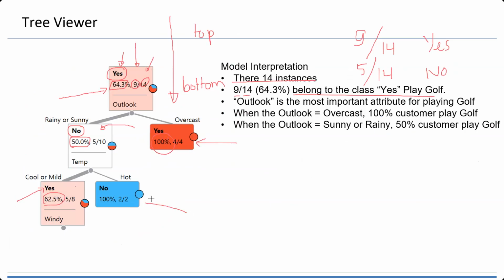What about if it is 100% no? Then the color becomes blue. So if it is no, the color is blue, and if it is yes, the color is red. But if the percentage is, let's say, 60% yes, then the color will be about pink. So we can see that.